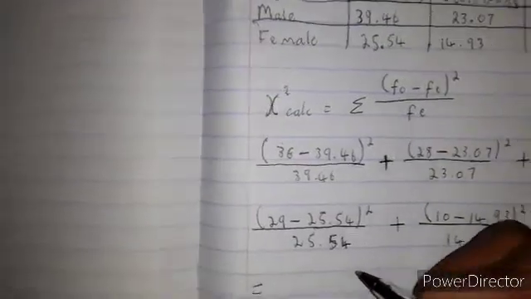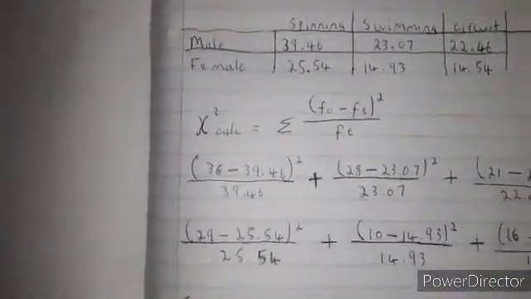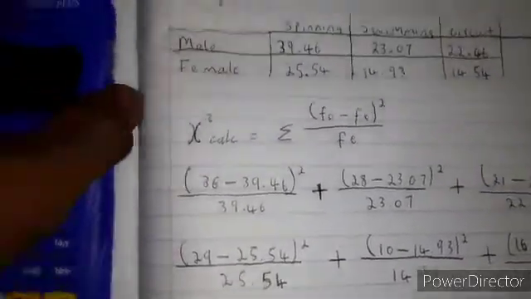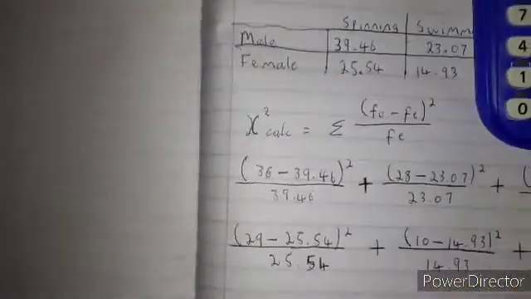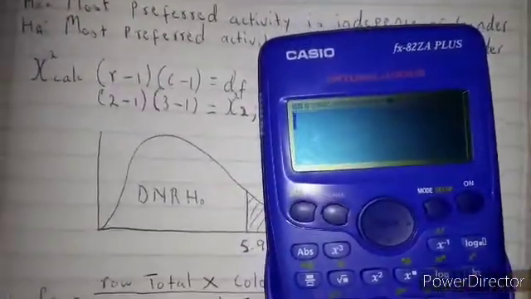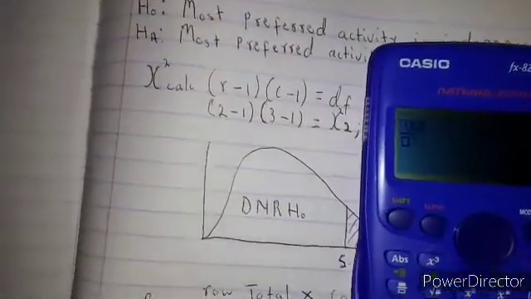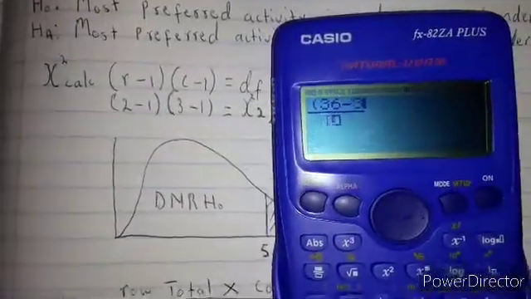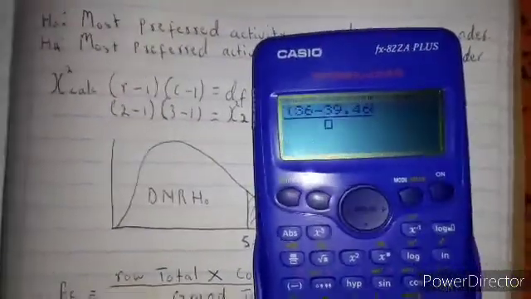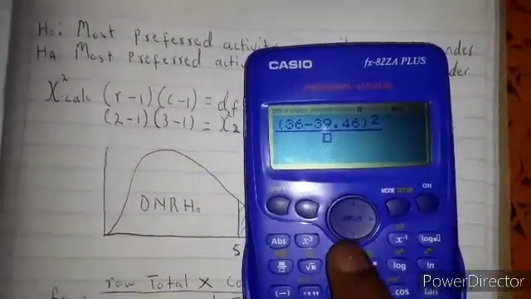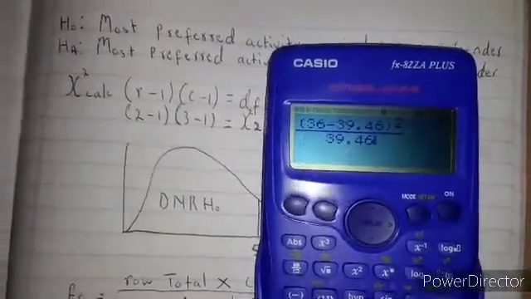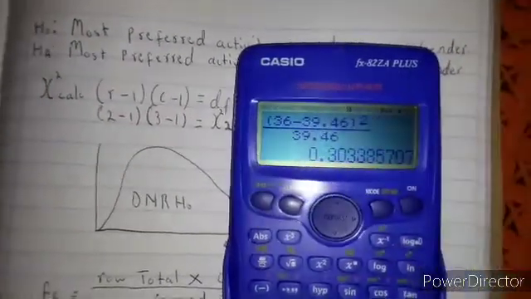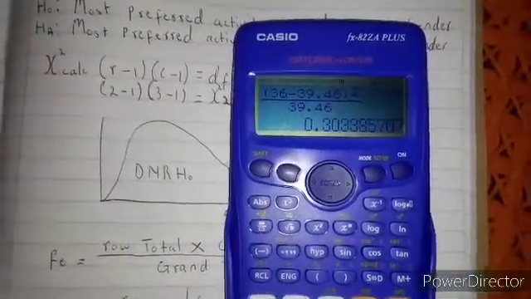Then, let us first calculate the first one. 36 minus 39,46, all squared, divided by 39,46, is equal to 0,303.